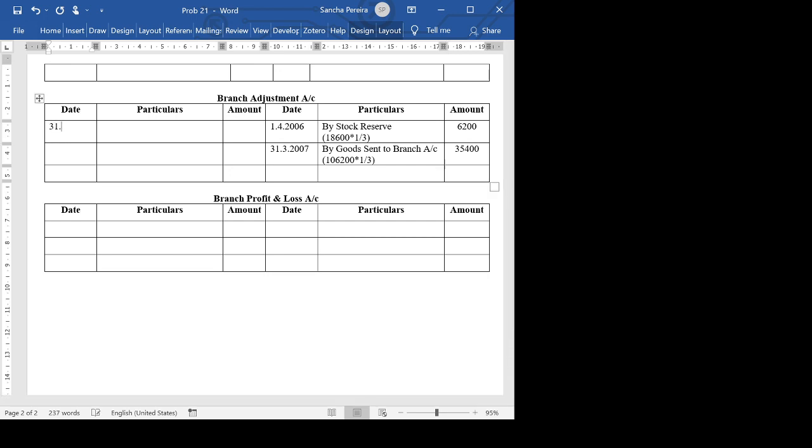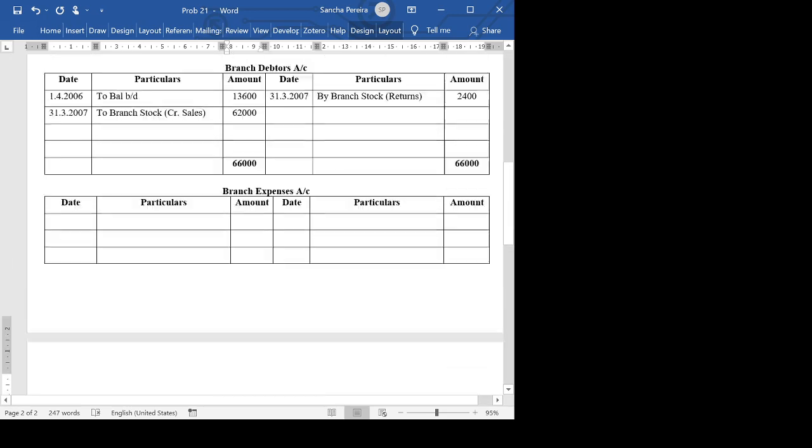On 31st March 2007, to goods sent to branch account, in brackets loading. We'll put here also just to understand it's loading. 3,000 into 1 by 3, which comes to 1,000.